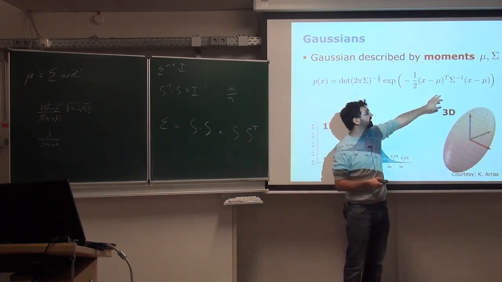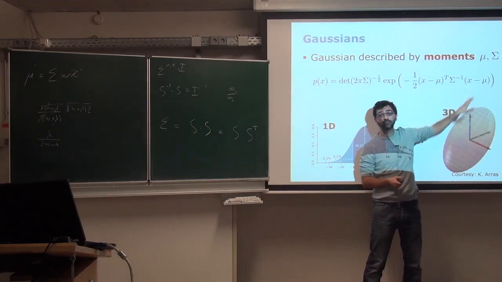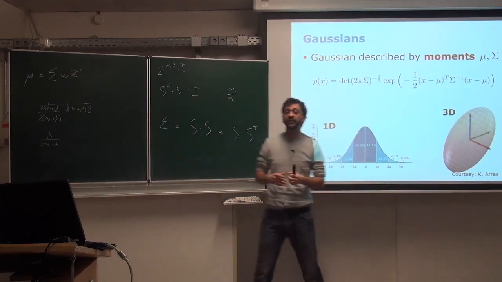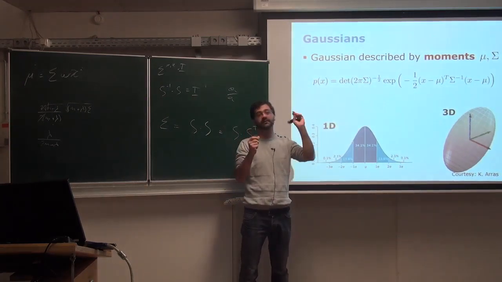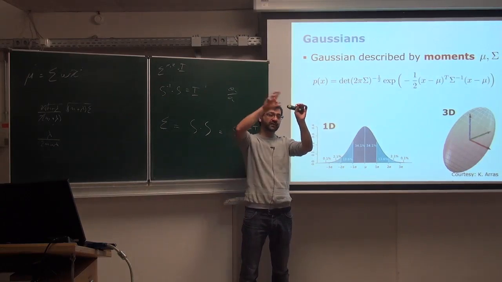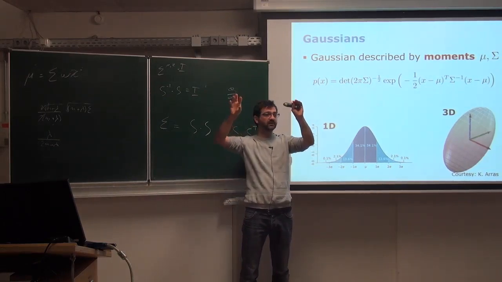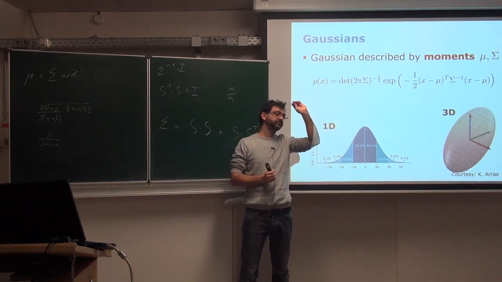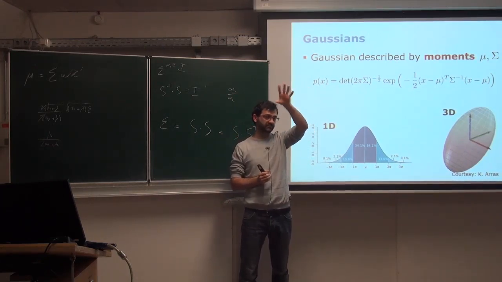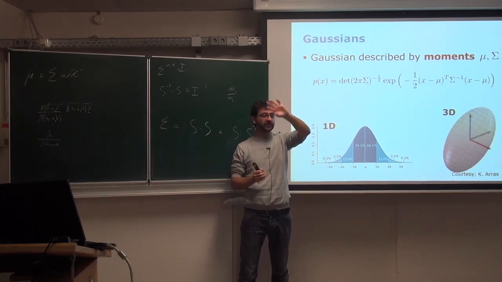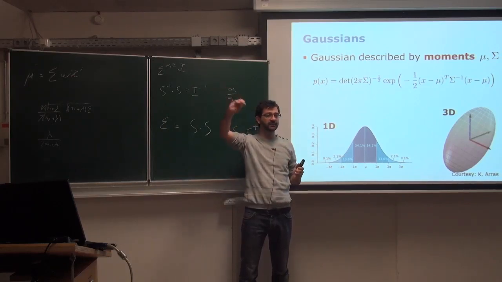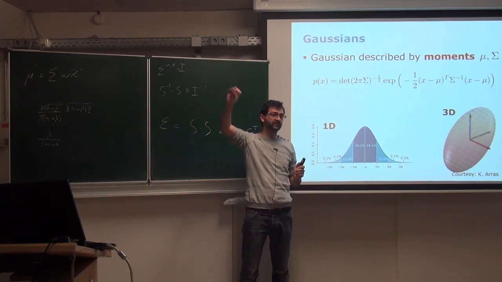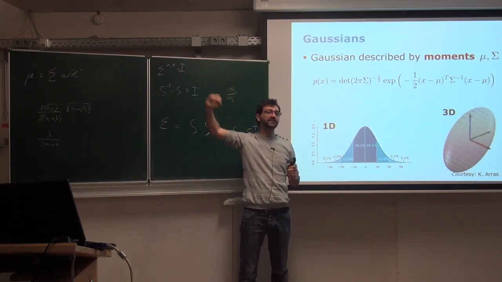But what matters is that basically you expand the whole term, and instead of a quadratic expression in x minus mu times sigma inverse times x minus mu, you will have a quadratic term like x times a variable times x, plus a linear term which is x times another parameter, plus a constant term.